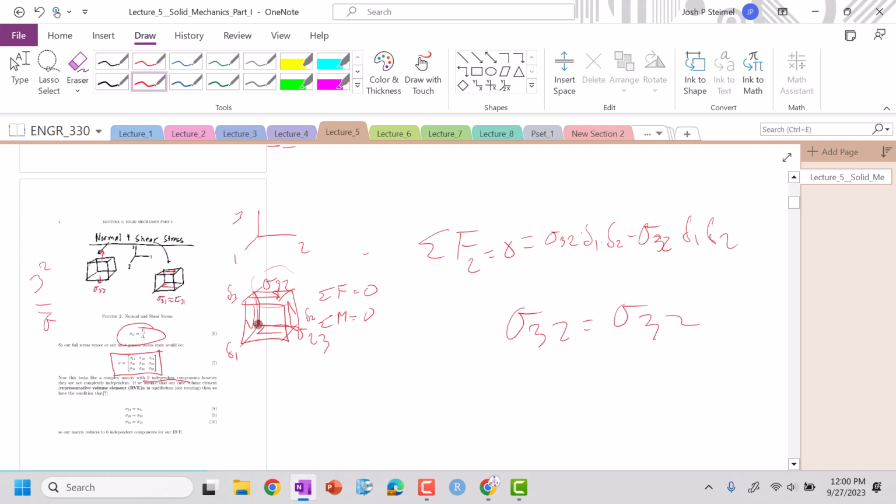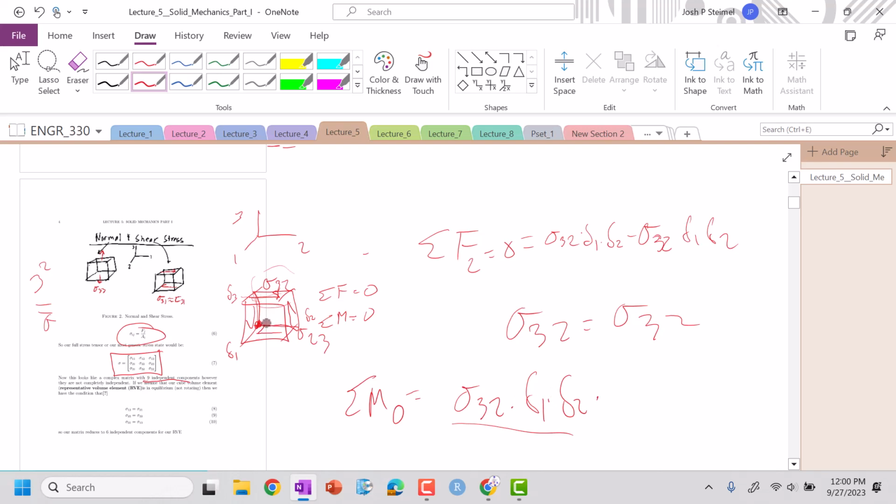Now the interesting part comes if I define this as my origin O and sum the moments about O. If I look at this force, sigma 3,2 times the area on which it's acting, this is my force, because stress is Newton per meter squared times meter squared.